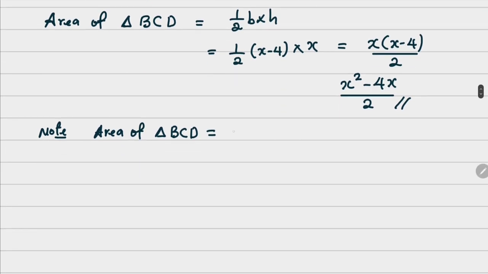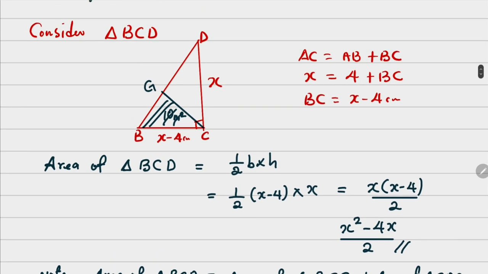So it's going to be equal to the area of triangle BCG plus the area of triangle CDG. Now check it out. You can see it from this diagram.